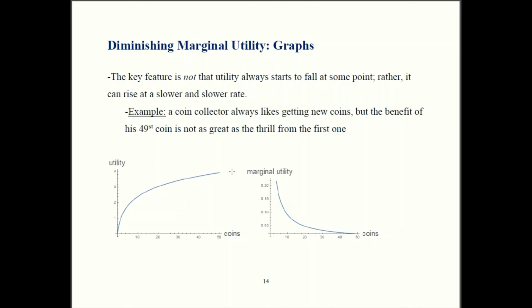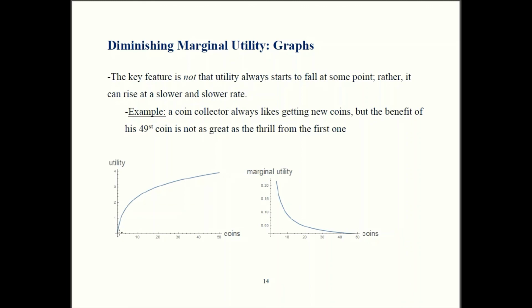However, the excitement they had when they added their very first coin to their collection was definitely bigger than for coin number 50. So you can see here a much bigger gain in utility in the beginning than out here, once you've already had quite a bit. Total utility is going up and up, but at a slower rate, and that is still consistent with diminishing marginal utility. So here is total utility.